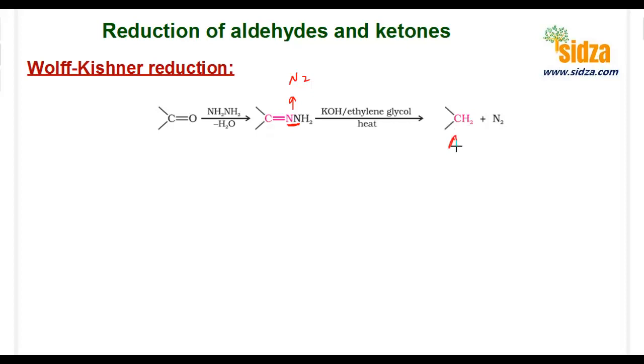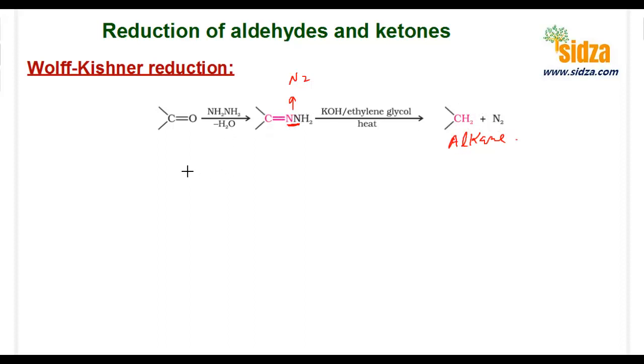So you get an alkane from aldehydes and ketones by a two-step process: first react the carbonyl group with hydrazine, then treat with potassium hydroxide and ethylene glycol, heat strongly, nitrogen is lost as N2, and you get an alkane.